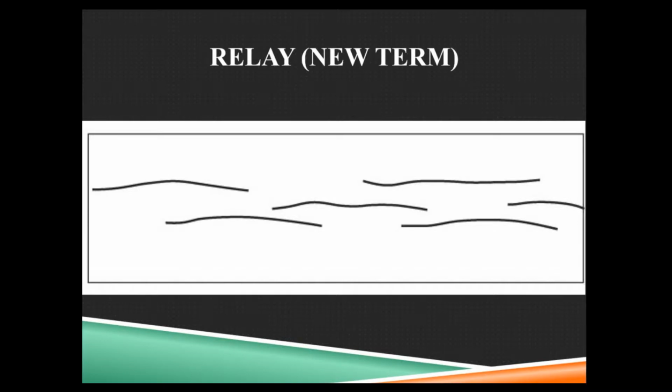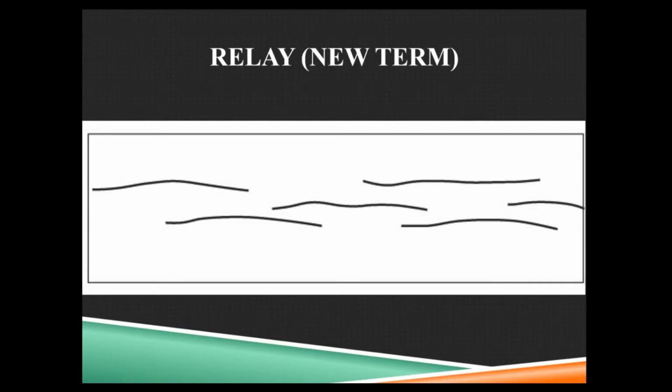Now this is a new term called relay. It's a bunch of roughly parallel faults, but they're all offset from each other, and so if these were all, say, right lateral transform faults, the area near the top of the image has moved to the right, the area towards the bottom of the image has moved to the left, but there's not one large fault.